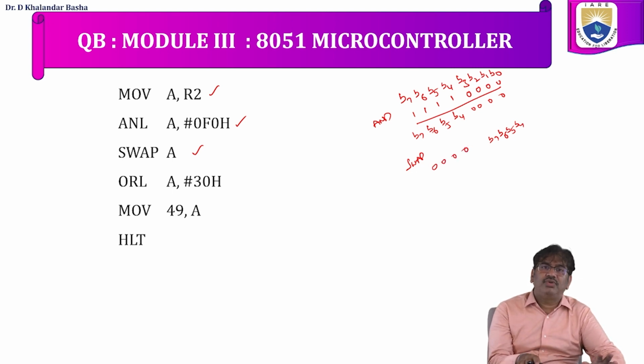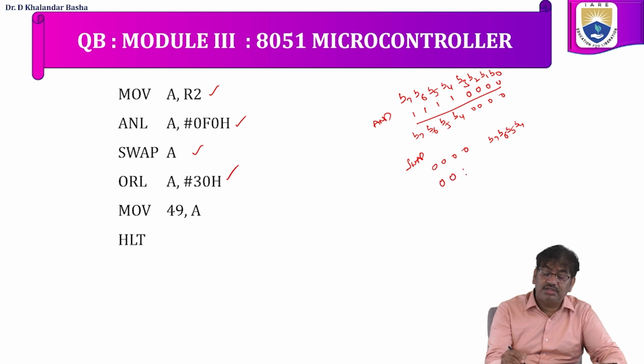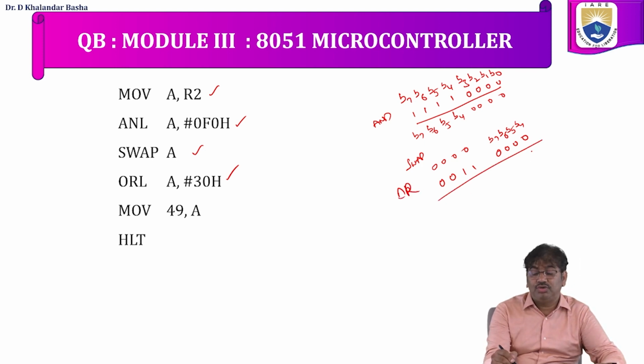Now we have converted into unpacked BCD for the upper 4 bits. Then for getting ASCII, we OR with 30H, 0011 0000. When you OR any bit with 0, it is going to give the same bit, so B4, B5, B6, B7.